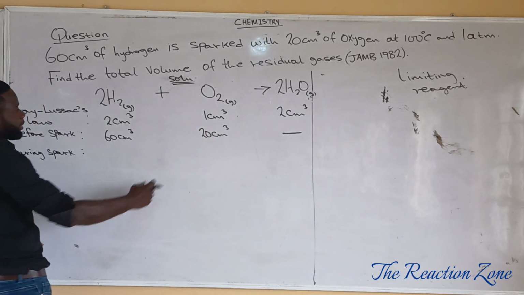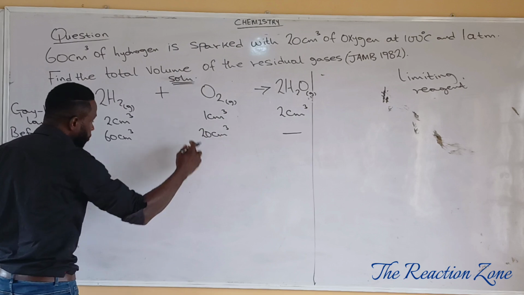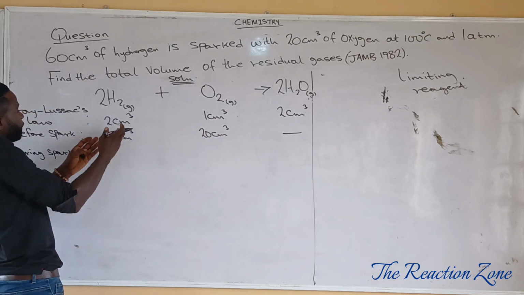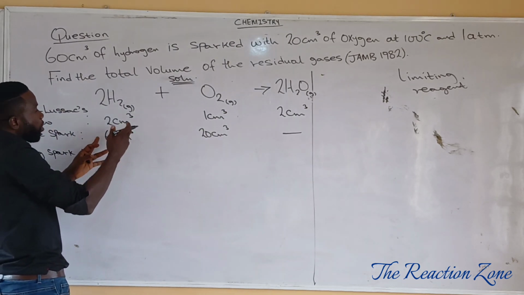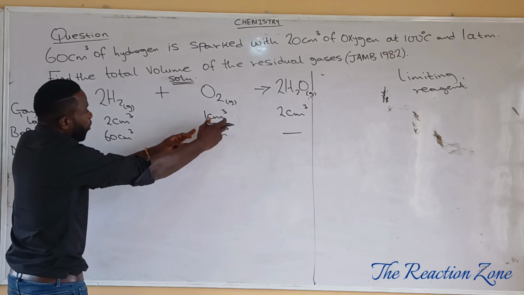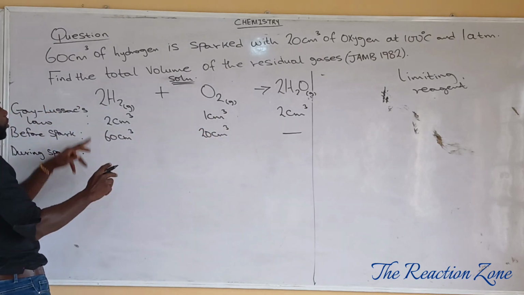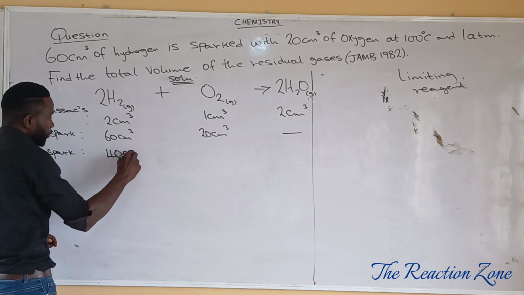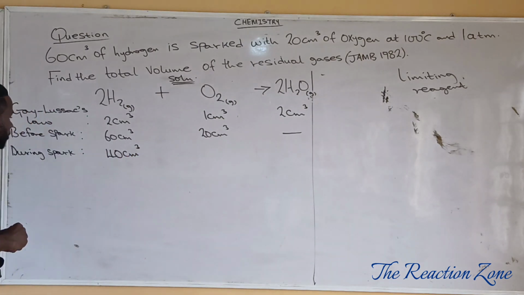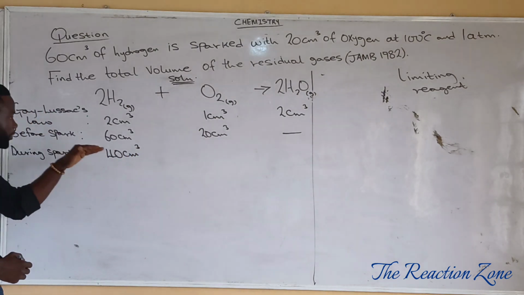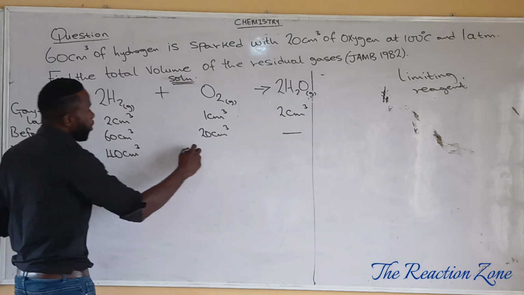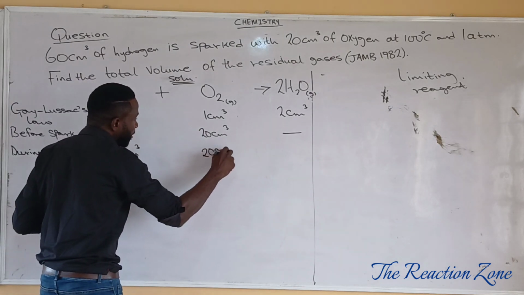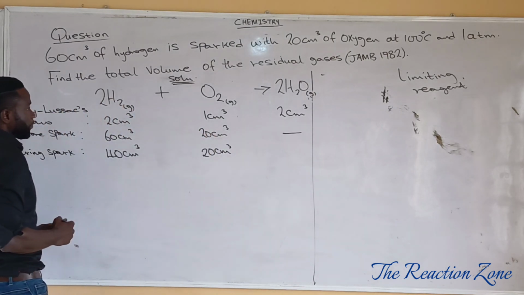Now that we know that the 20 cm³ of oxygen will be used up, what volume of hydrogen will combine with it to maintain the ratio of 2:1? That will be 40 cm³. So during the spark, 40 cm³ of hydrogen will combine with this 20 cm³ of oxygen.